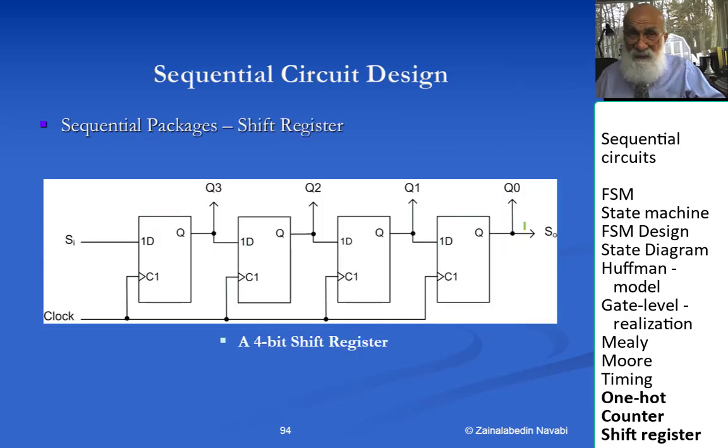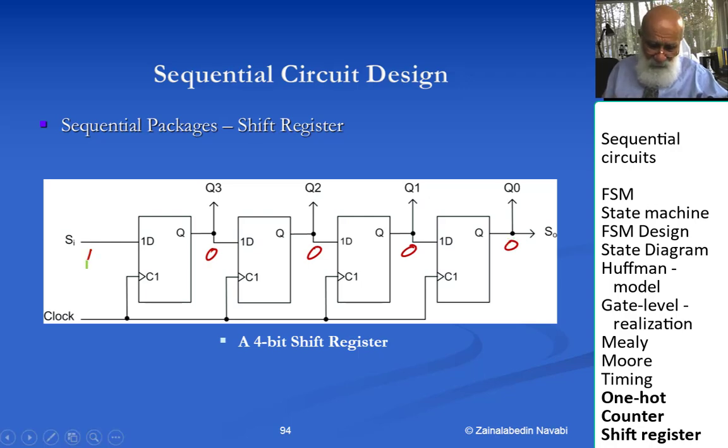Another abstract sequential component is a shift register. A shift register works like this. You have 4 flip-flops here. If you have 0, 0, 0, 0 on these outputs, and your serial in is 1, you give it 1 clock.